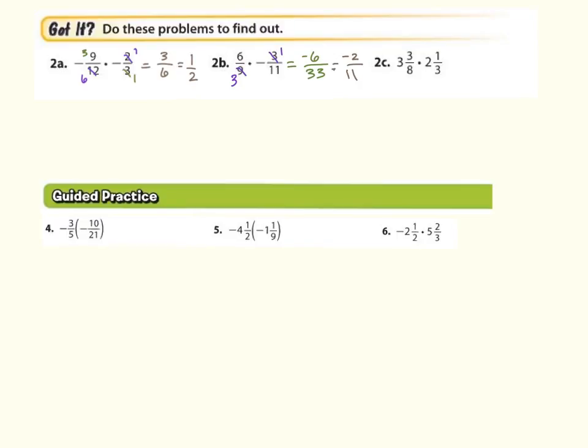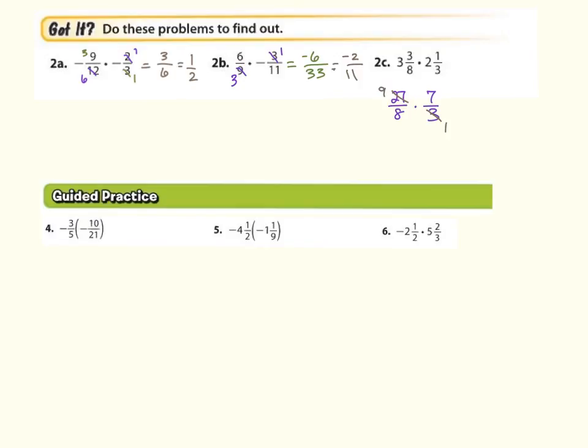For this last one, let's go ahead and put them into improper. So 8 times 3 is 24, 24 plus 3, that's going to be 27 over 8. Times 3 times 2 is 6, plus 1 is 7, 7 over 3. All right, so 27 and 3, we can factor out a 3 here. This becomes 1, and this becomes 9.